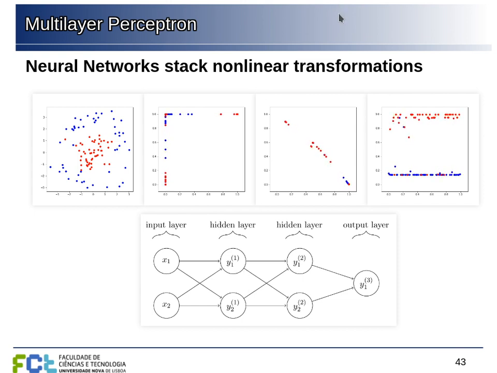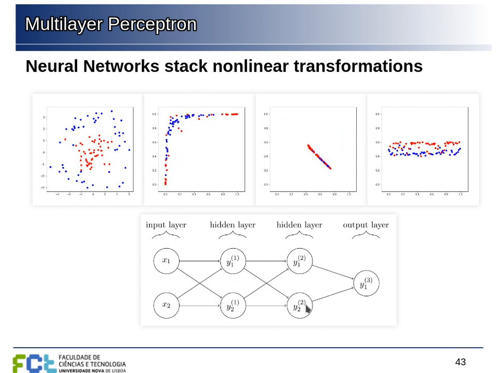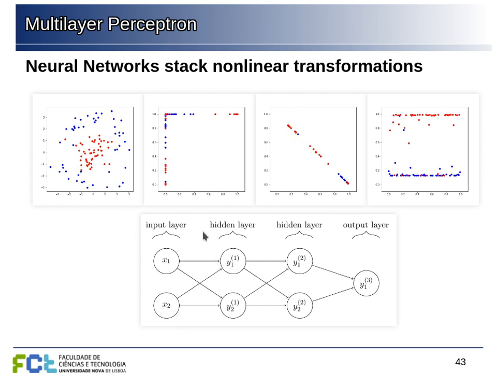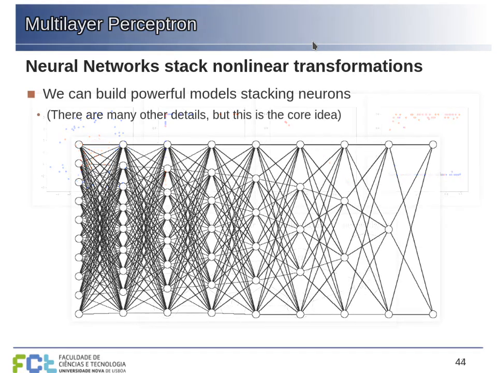So we can stack these nonlinear transformations, and these are nonlinear because all of these neurons have a nonlinear activation function. That part is important because without that it would just be a linear transformation overall. But since all of these transformations are nonlinear, we can stack them and increase the power to solve the problems that we want to solve.